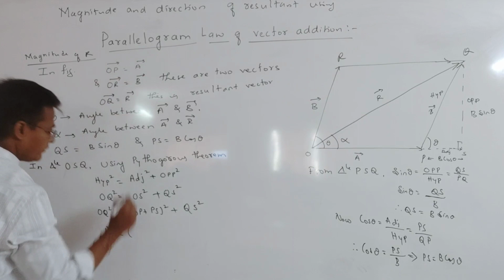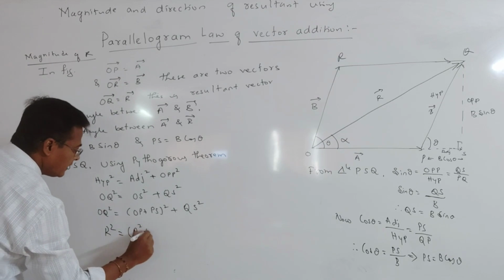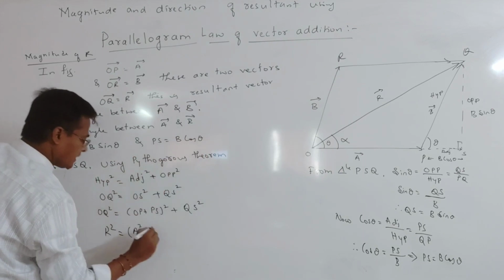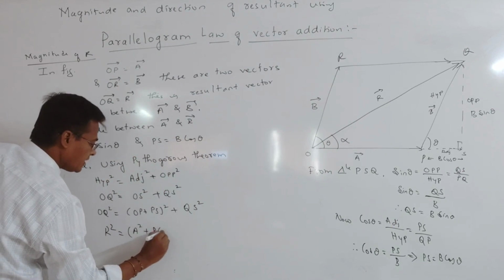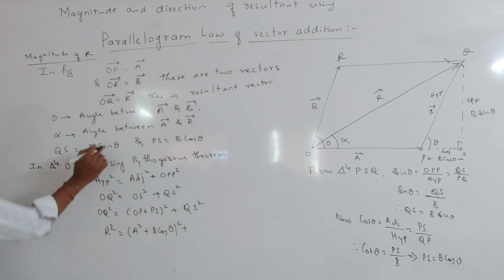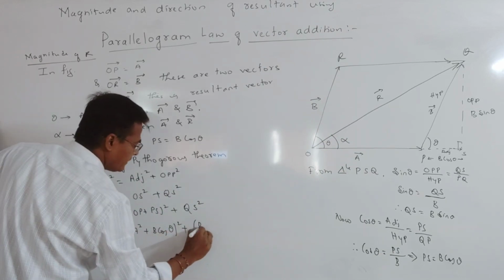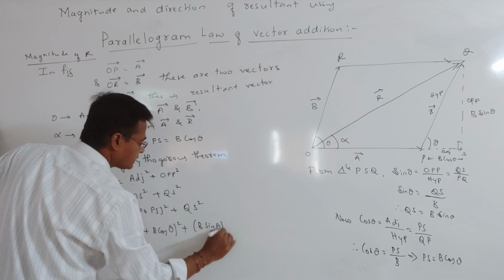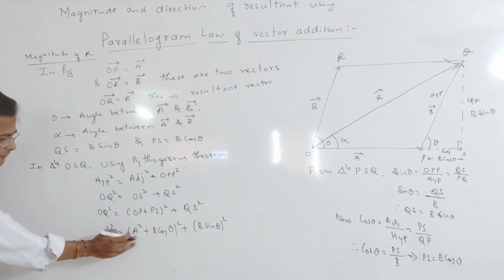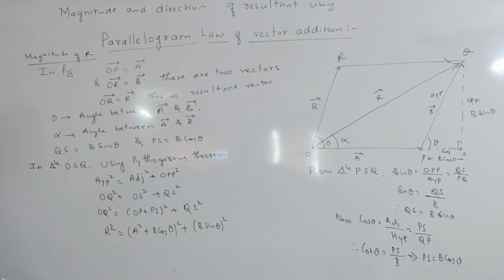So R square equal to, this is OP, that is A square. PS is here B cos theta, B cos theta whole square. Again QS square means B sin theta whole square. So this looks like A plus B whole square, A plus B whole square means A square plus B square plus 2AB.